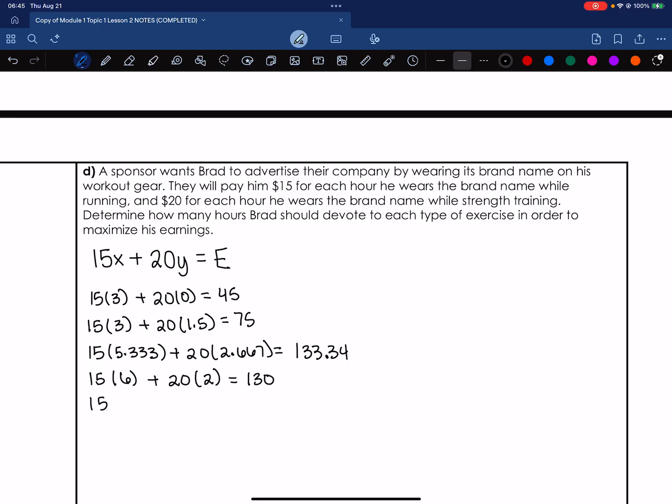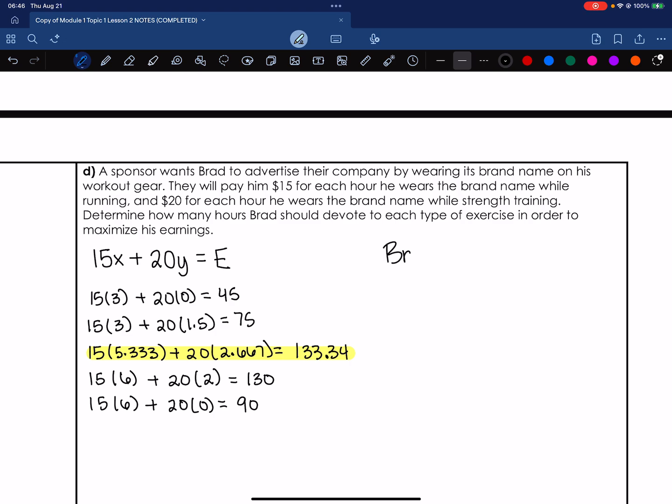And lastly, if he did 6 hours running but no hours strength training, he would get $90. So we want to know what's going to maximize his earnings. That would be if he runs 5.333 hours and strength trains 2.667 hours.